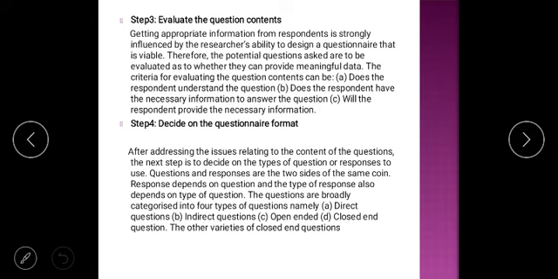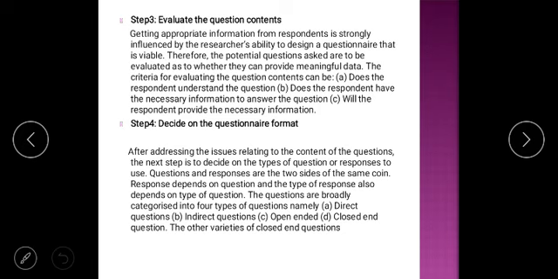The fourth step is to decide on the questionnaire format. Here, which format should be used? I have already told you that in the last class there are three types of questionnaires that can be framed: structured, unstructured and mixed questionnaires. Researchers should decide which type of questions to use in the survey.